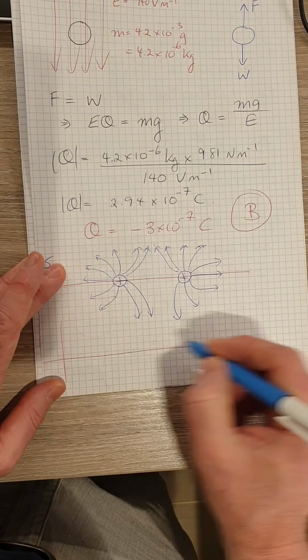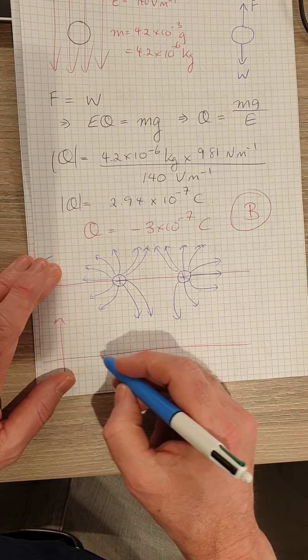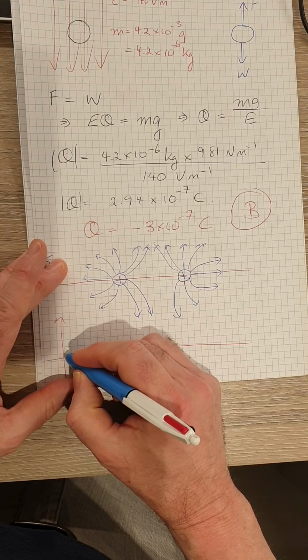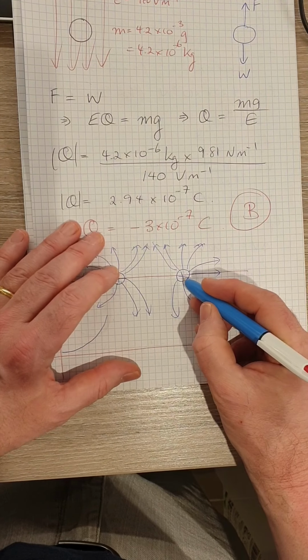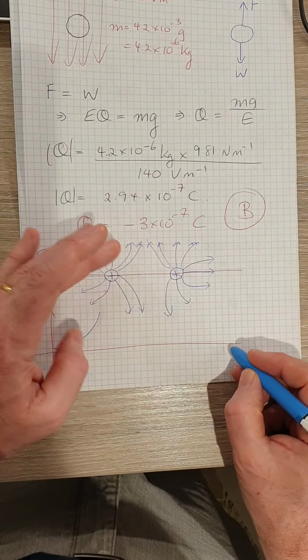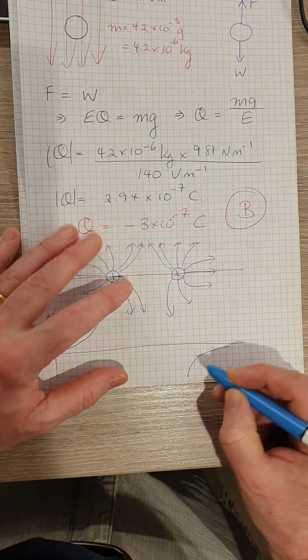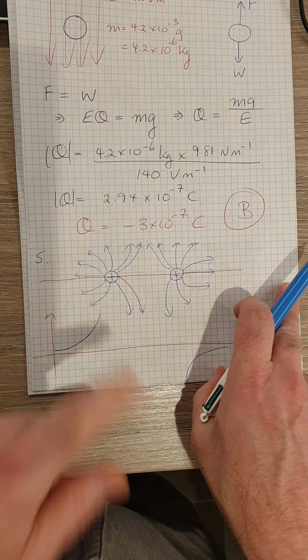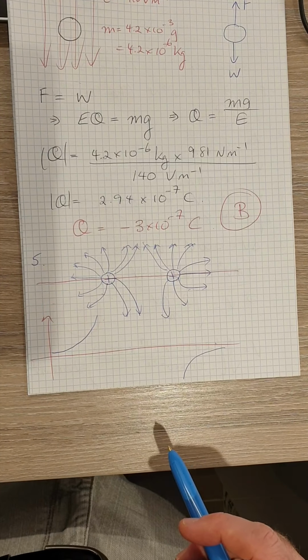So if that's the electric field, the electric field is getting stronger as we approach here, and it's getting stronger as we approach on this side, but in the opposite direction, because this one puts the arrows in this direction, and here the arrows are in this direction.